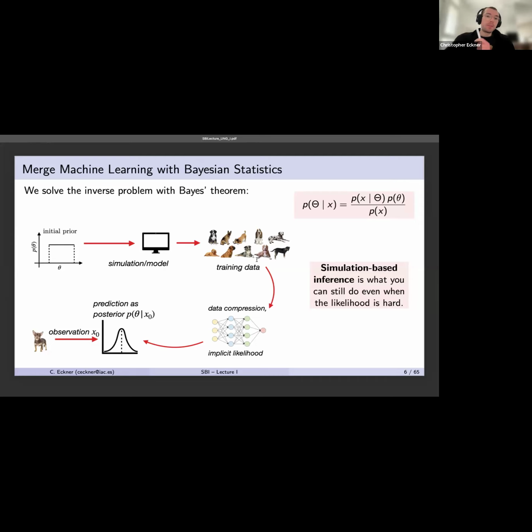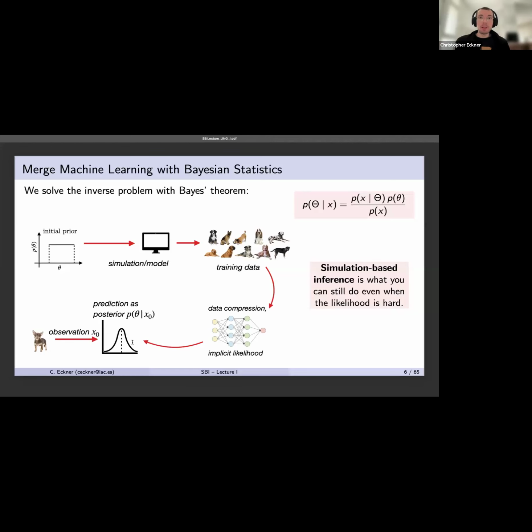By just showing the network this training data set and saying this is connected to this and that parameter, it can, due to the expressiveness of neural networks, technically learn what this likelihood looks like, and then you can still perform this inference step of showing an actual observation and getting something from it.